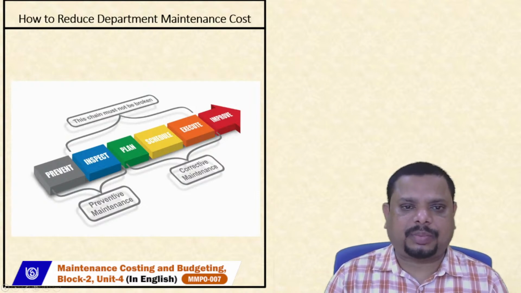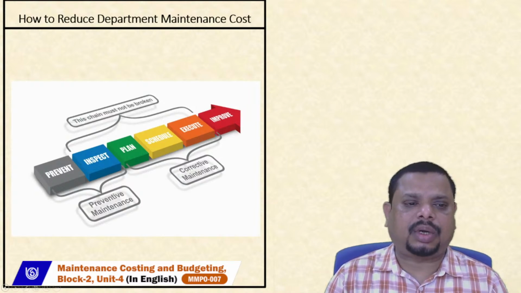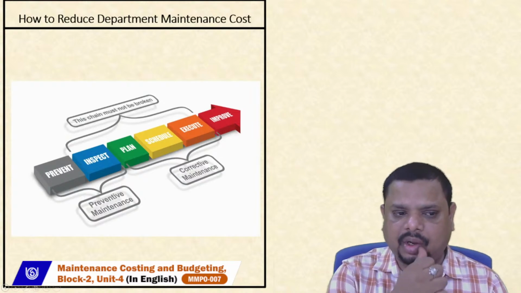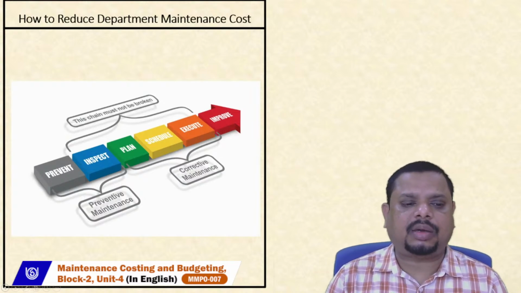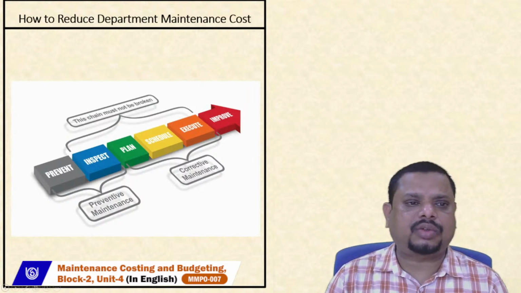This PDCA cycle is also applicable to maintenance to reduce the maintenance cost in every aspect for a maintenance department. This chain must be broken by applying preventive maintenance. For example, if you go for prevention or inspections, you must apply preventive maintenance. If you go for corrective maintenance, that means you have to plan, schedule, and execute. Starting from the inspection to executing the different activities, this chain should be broken so that you can easily reduce the departmental maintenance cost.